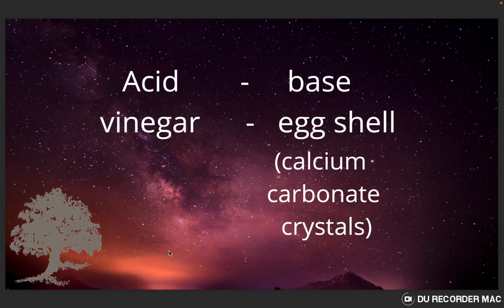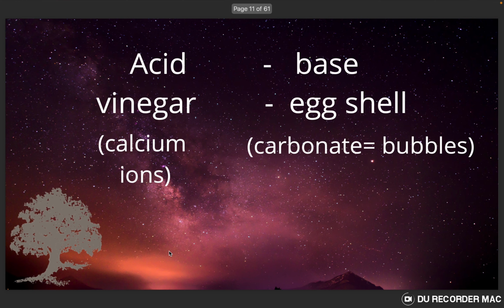So how does the acid-base reaction work? Well, the acid breaks down calcium carbonate crystals in the eggshell. Yes, and then what happens when it breaks down the crystals? It takes the calcium out.